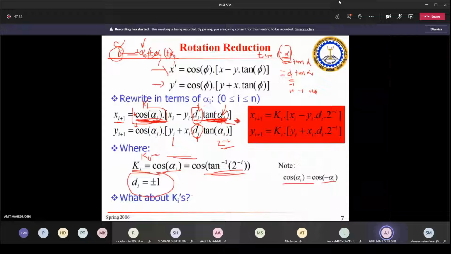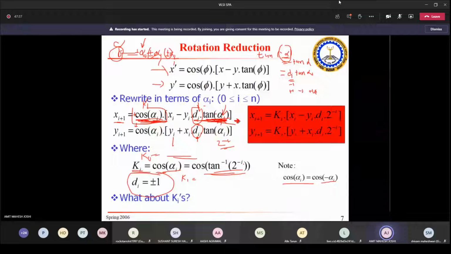Okay. Similarly, if I put i equal to 1, so this k1 is also fixed, because when I put 2 raised to minus 1, that is 1 by 2. So tan inverse 1 by 2 will be one angle, which I believe is 26.6. Okay. So that cos 26.6 is also one fixed value. Similarly k2 will be fixed, k3.